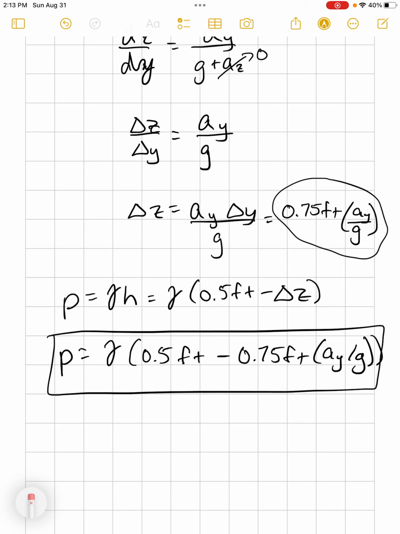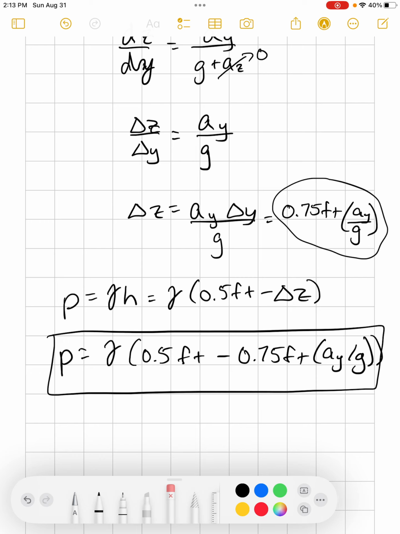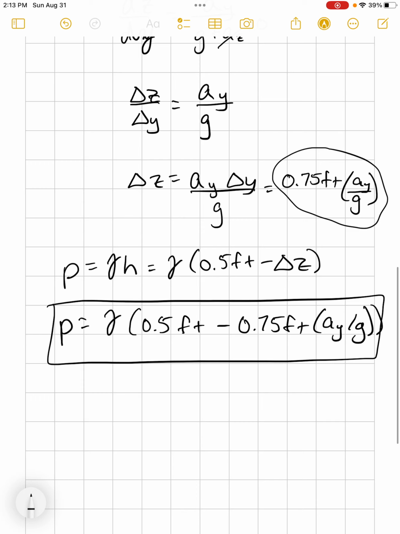Okay, so if we're looking at finding the limiting factor, basically we want to know how do we find when the transducer is 0, right? And so if the transducer is getting a 0 reading, that means this term has gone to 0.